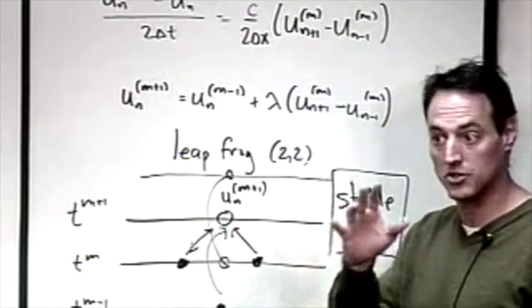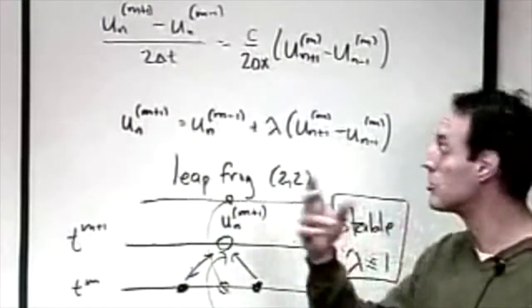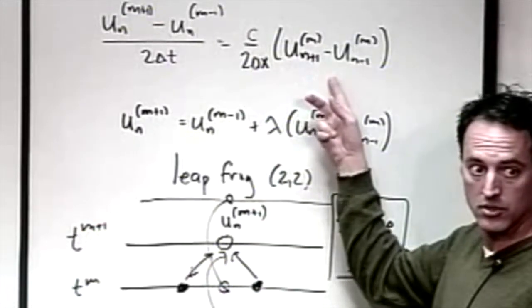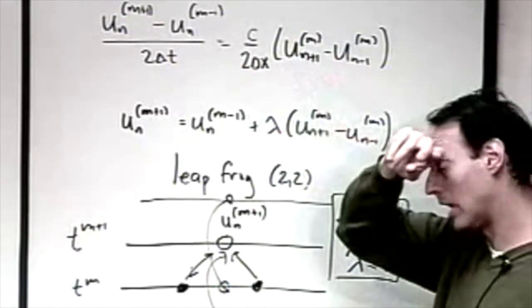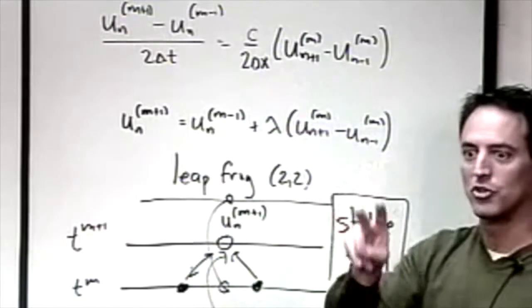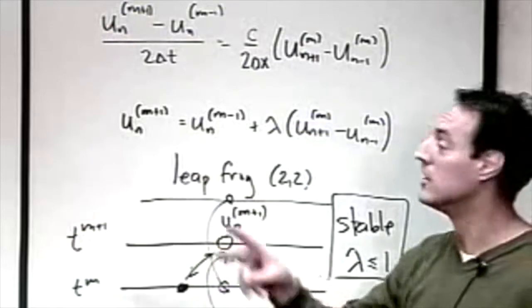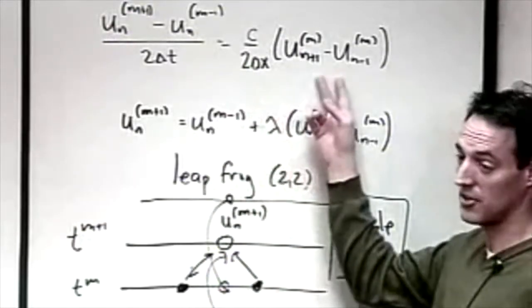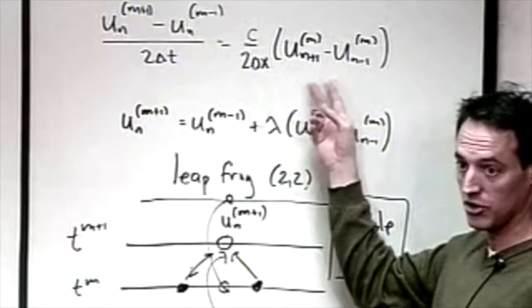Another thing to do, which is a smarter thing to do, is to use an improved accuracy for the derivative. Now, if you go back to lecture number 2, I gave you central difference formulas that are order delta x to the 4th accurate. Here, this is order delta x squared accurate. So you could easily just use that.